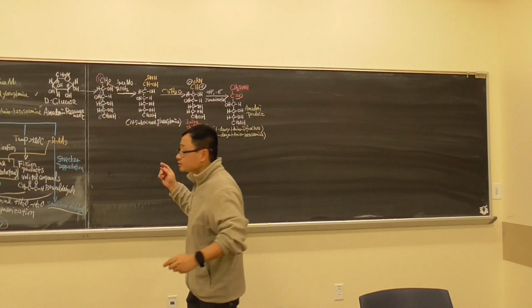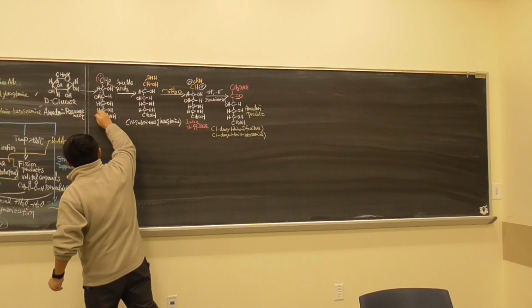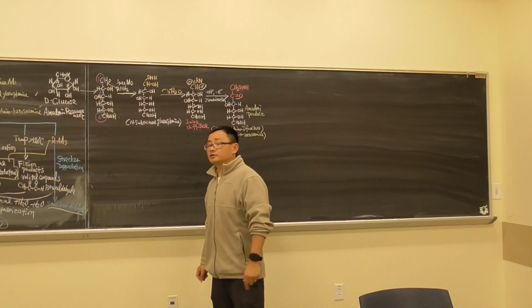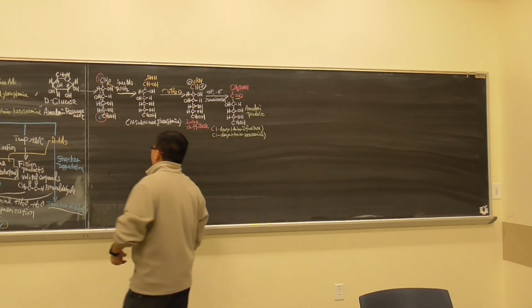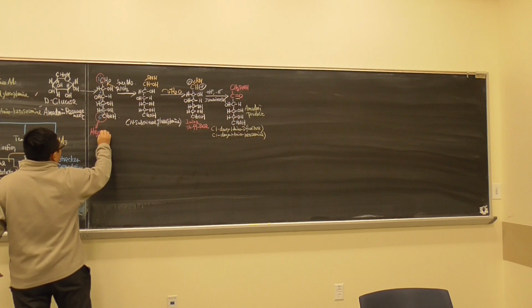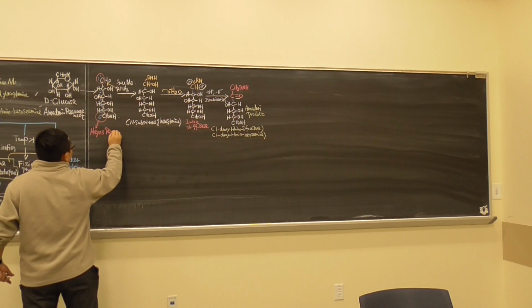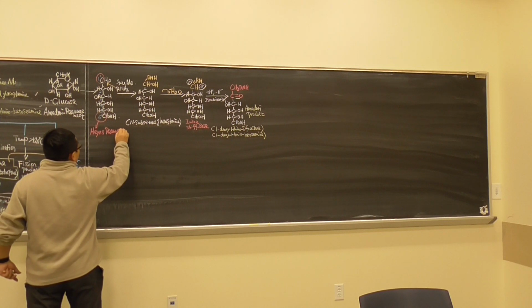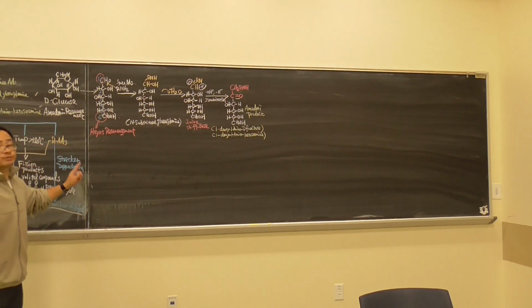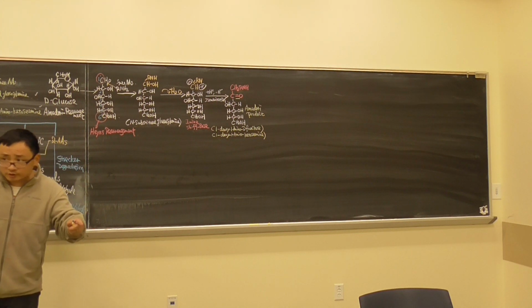But for the products, it could also happen at carbon number 6. There is another reaction called the Heyns rearrangement. We will skip the process. In your textbooks, there's a figure there.